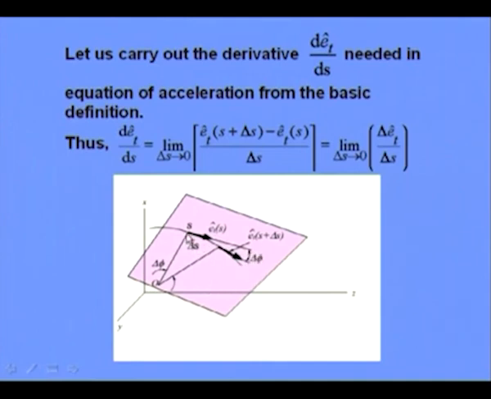If you draw a normal at S and similarly draw a normal at this point, both the normals intersect at point O, and this angle will also be delta phi. So, Et(S plus delta S) minus Et(S) is the vector difference of these two unit tangents.